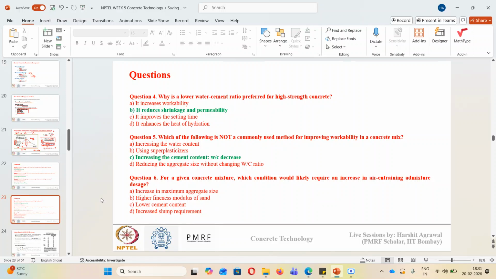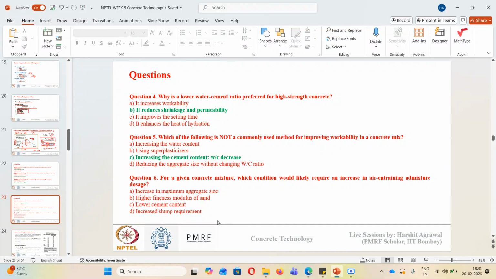So when I will require air entraining admixture, if I am doing concreting in cold weather, so for which mixture component will make me require increased dosage of air entraining admixture?